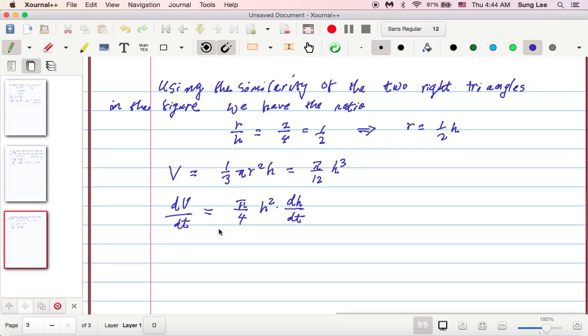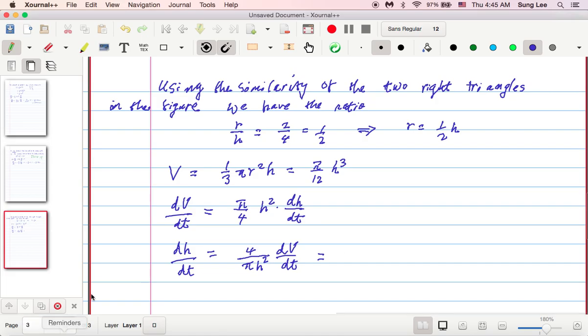So we solve for dh dt. That's going to be 4 over pi h squared, multiplied by dV dt.